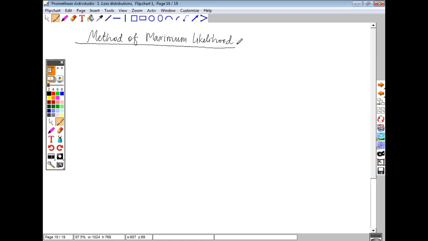Ma'am, I didn't understand your last question. Okay, so Isha, what I said was that let's say you did some calculations on a function and you took the first derivative, you equated it to 0, you got some value for the theta, let's say that is your parameter. So you got some estimate for the theta, right?